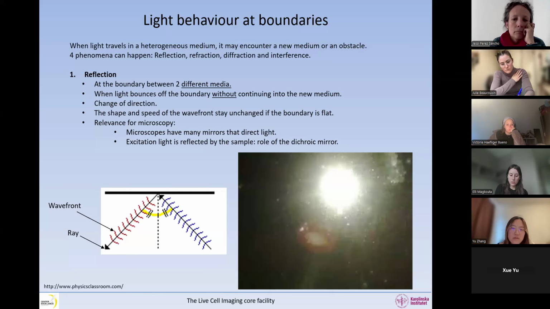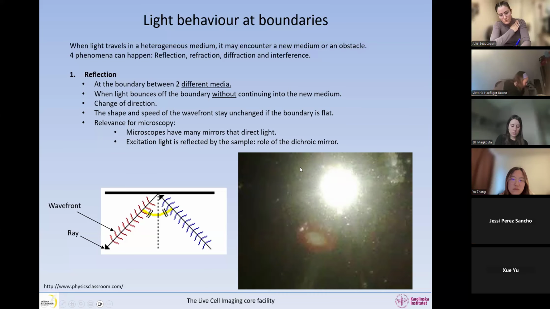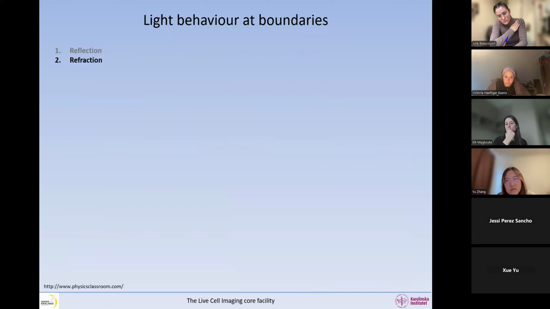And the excitation light reflects on the glass of the cover slip. You have seen this already in the video last night: this is the role of the dichroic mirror, to get rid of this very strong excitation light that is reflected from the sample. So reflection is actually relevant for us.